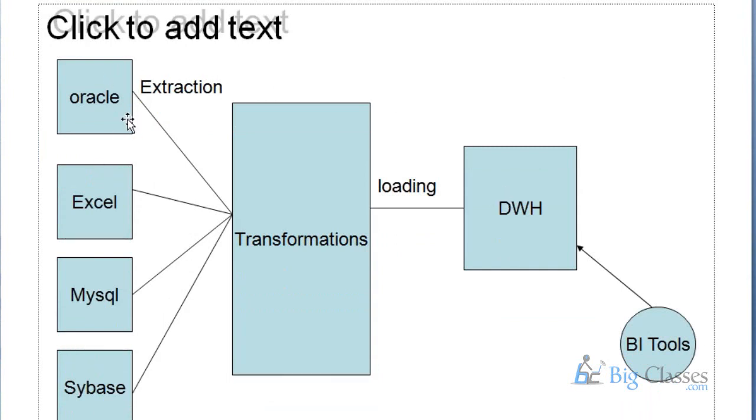I have 4 different databases: Oracle, Excel, MySQL, Sybase. I'll initially extract all the data into the transformation area, and there I'll apply some transformations. For example, I have a column called gender, male and female, here in Oracle.